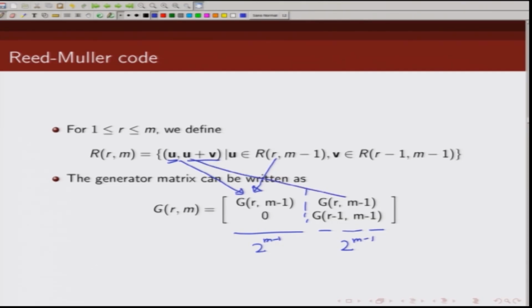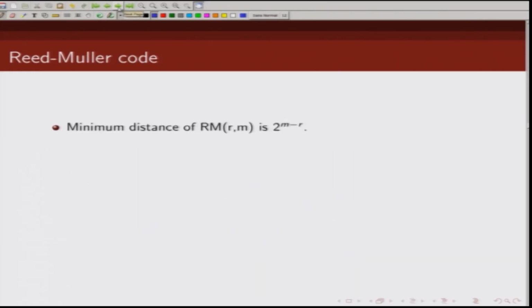So, this is your u, and the next one is your v. In other words, I can construct a Reed-Muller code recursively from smaller length Reed-Muller codes. This is another way of generating the generator matrix for the Reed-Muller code.